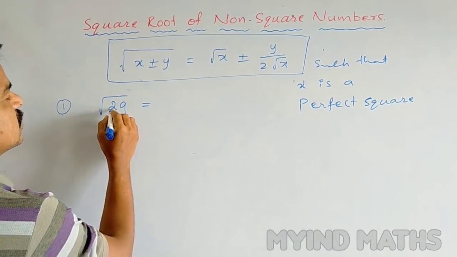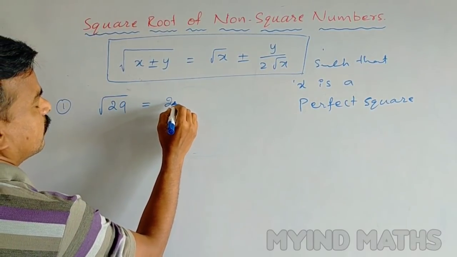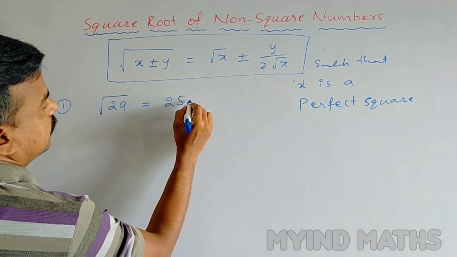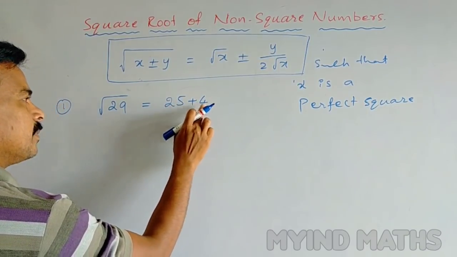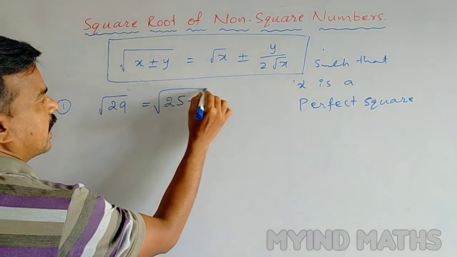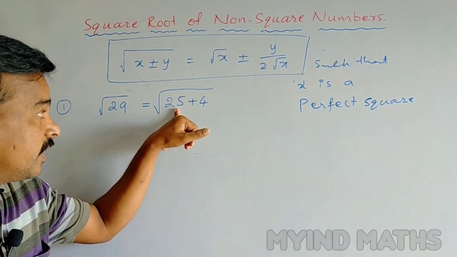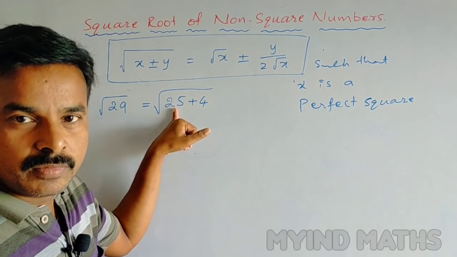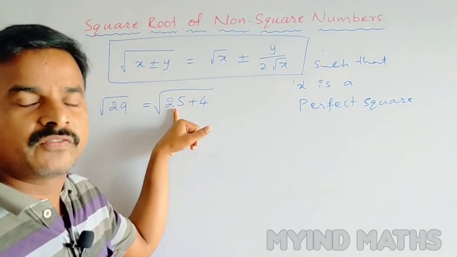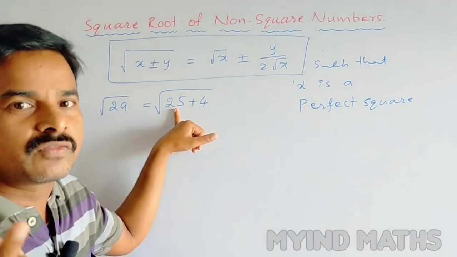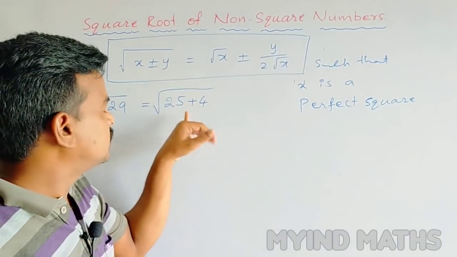Here I am writing 29 as 25 plus 4. The idea is that 25, the first number, is a perfect square. The square root of 25, we know, is 5.